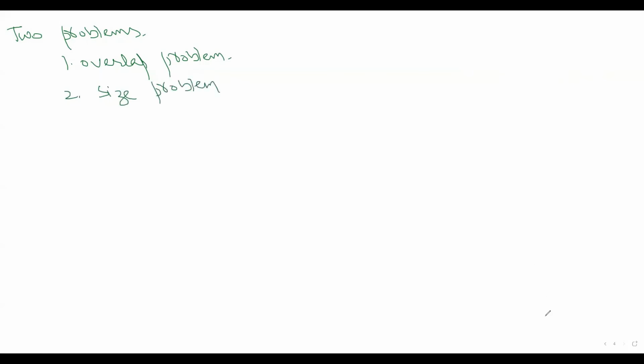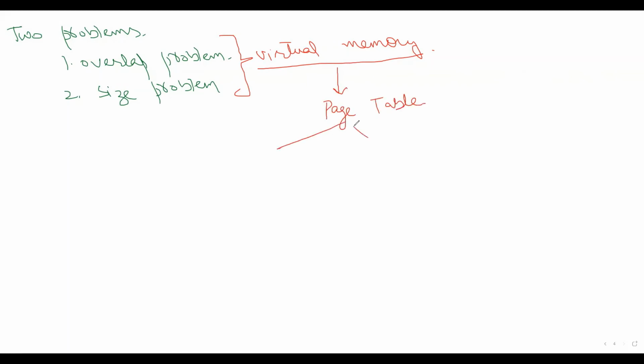We handled both these problems using the concept of virtual memory. Then comes the question of how to implement virtual memory, and this can be implemented using page tables. For page tables we have three different strategies: the simple or single level page table, the two level page table, and the inverted page table. But the inverted page table is rarely used. The other two are mostly used.